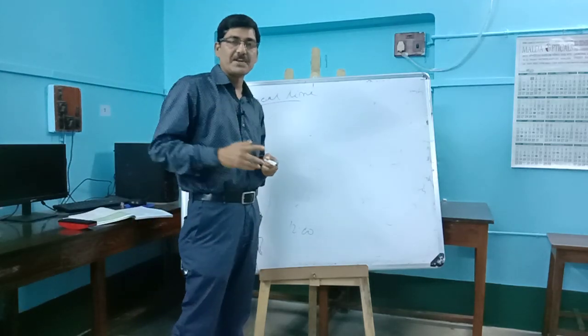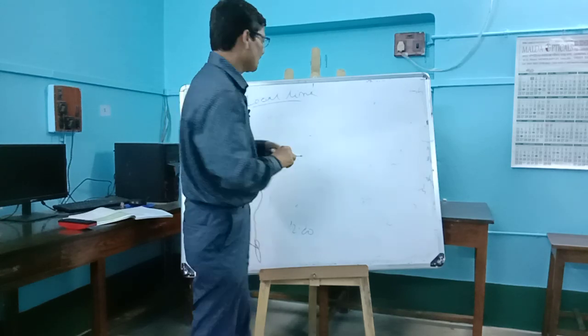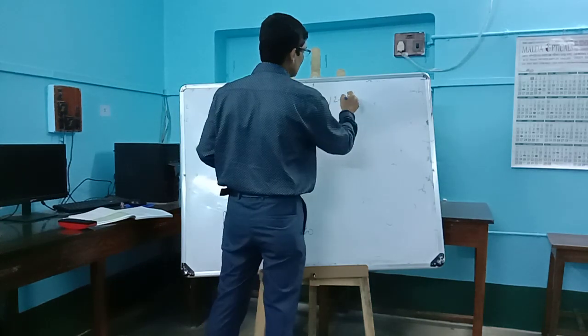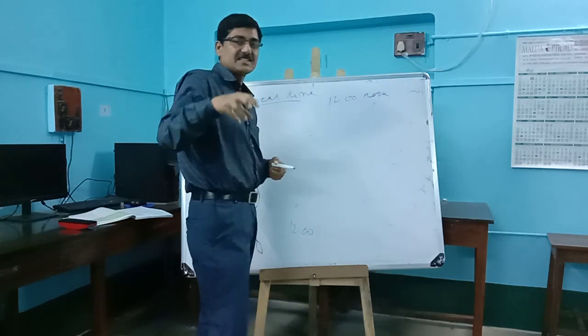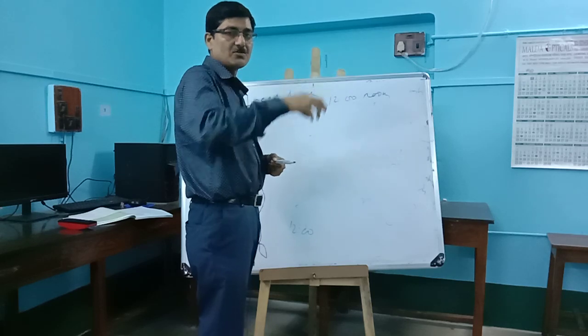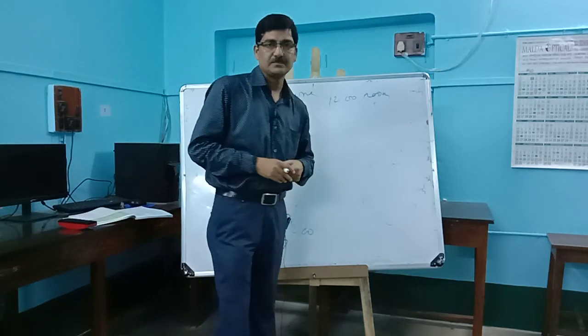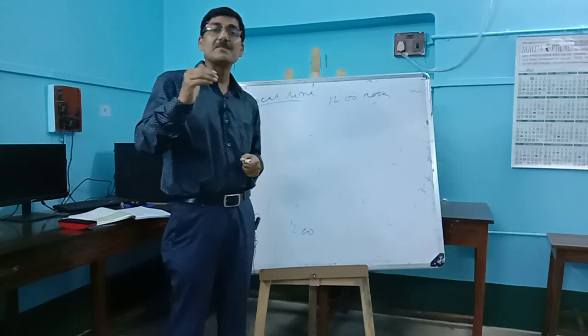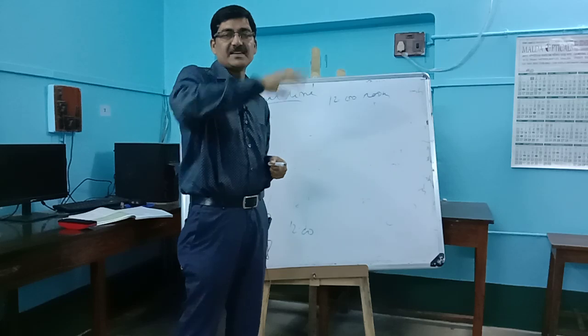Just now I told you, at a particular moment of time on a given longitude there is 12 noon, and the places located on that particular longitude have the same time, that is 12 noon. But local time varies from place to place.